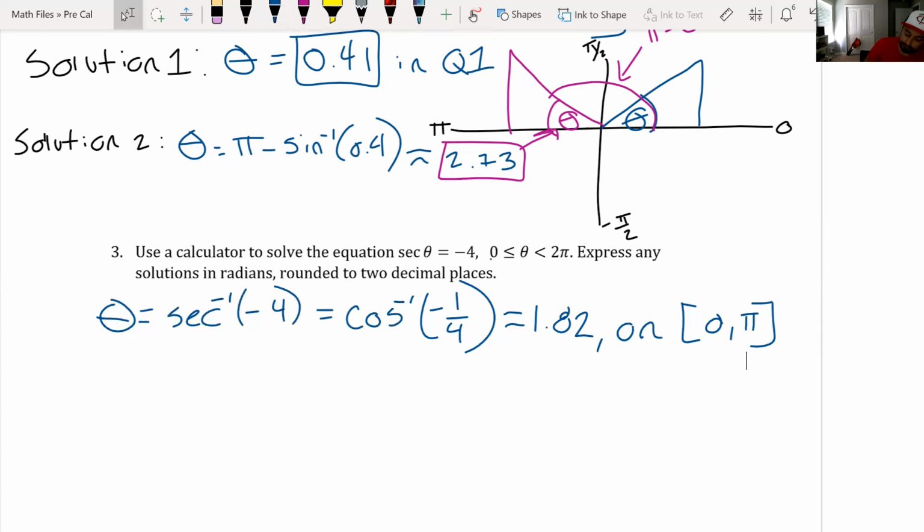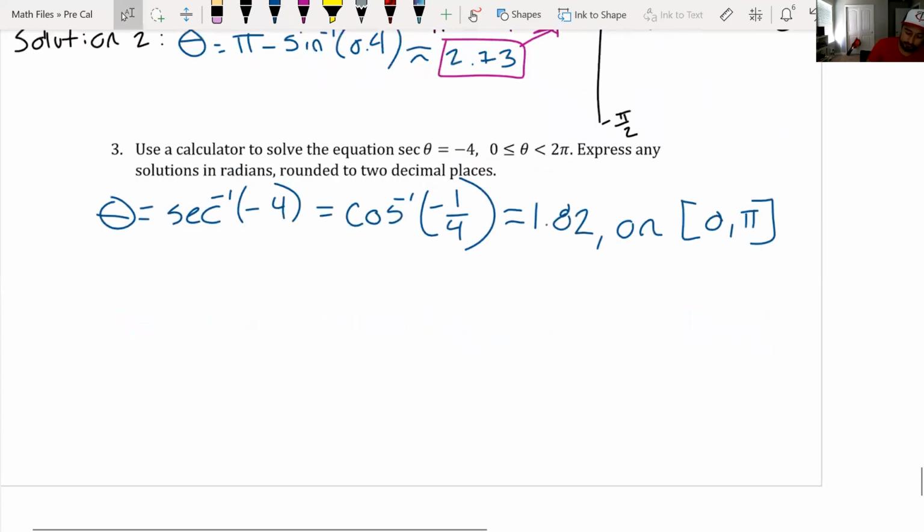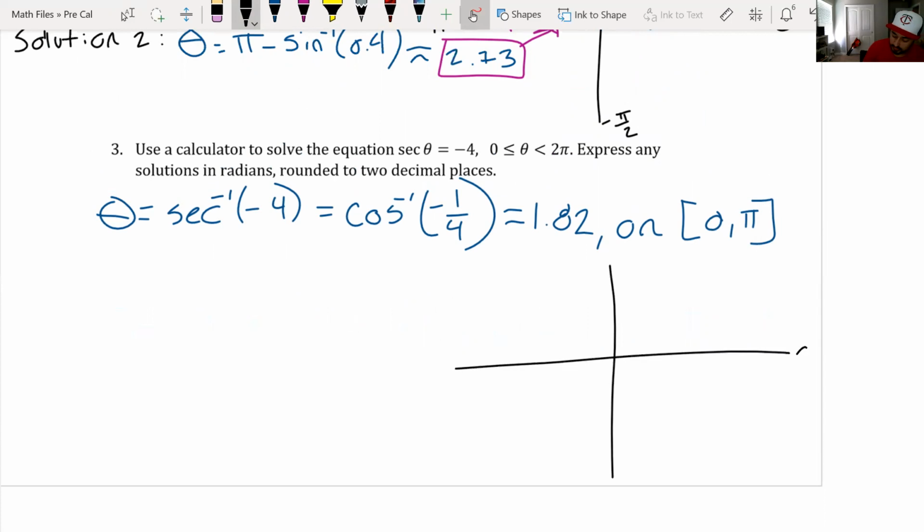Now, let's draw our unit circle. Here's 0, here's pi. And if my value of cosine, so if my theta, let's see, if it's -4 and needs to be negative, this means that when I say cosine of 1.82, I get negative.